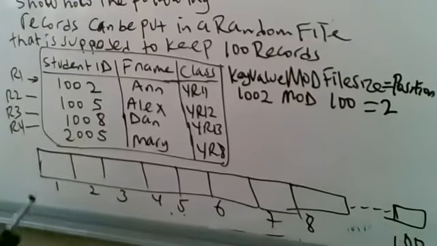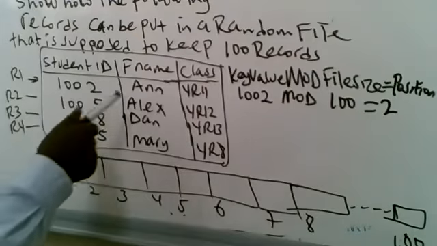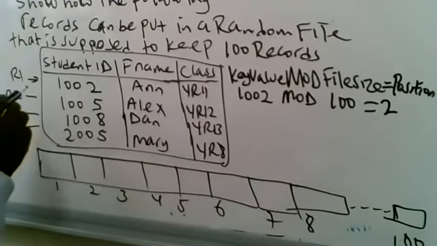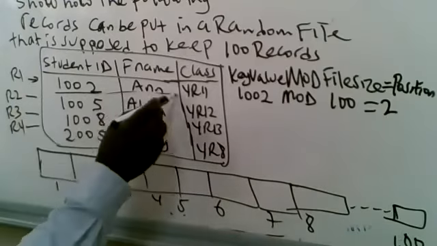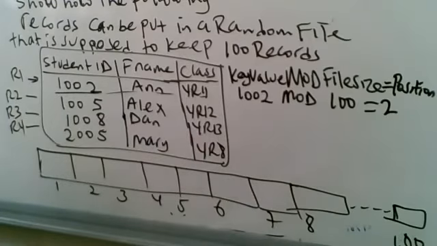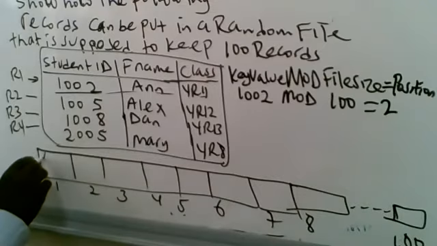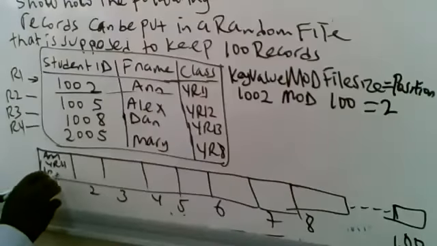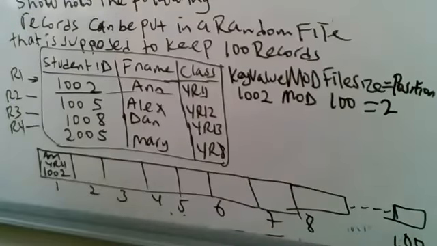So which means now Anne's position should be position 2. Now, what I mean by record is all these details about Anne must be in that position. So here we shall put Anne's record: Anne, year 11, then the student ID, 102. That's what I mean by Anne's record.